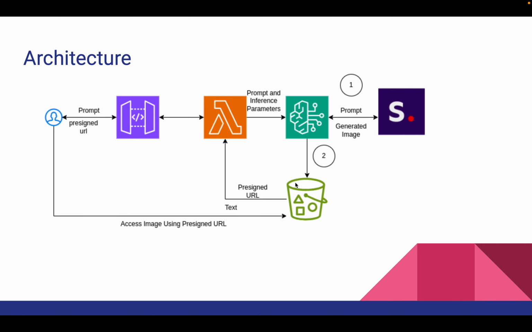So what we will be doing is creating a pre-signed URL, which will be available for some time, and that will be returned back to the user. Using that pre-signed URL, the user will be able to directly call the S3 bucket and get the image. So this is what we are going to implement.